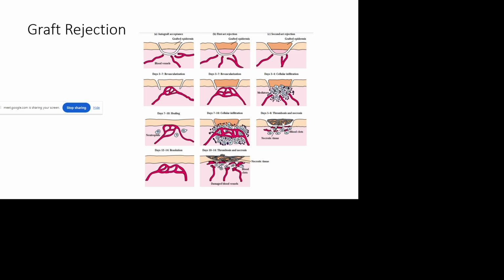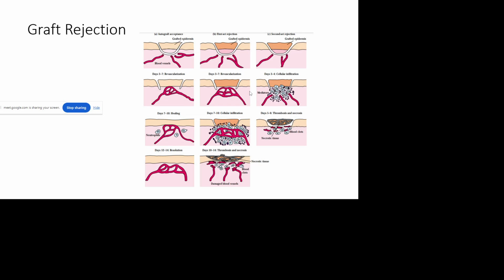But in case of rejection, there are two types: first set and second set. In first set, when you graft the epidermis here, you can see from this color that the grafted epidermis is quite different from the neighborhood. So that's why it will be rejected. How? From day 3 to 7 revascularization will happen, so there will be generation of a new vascular system.